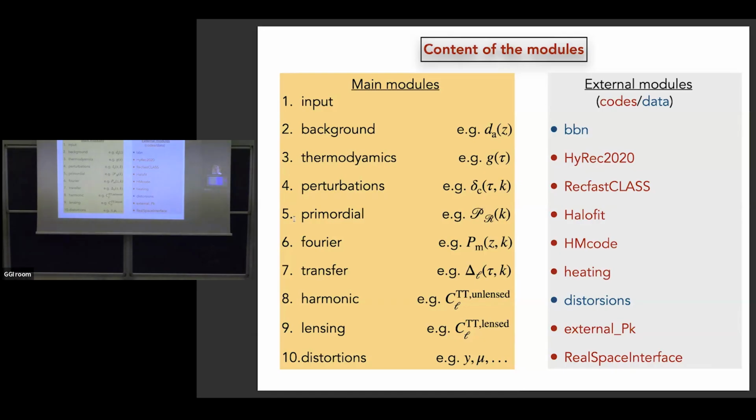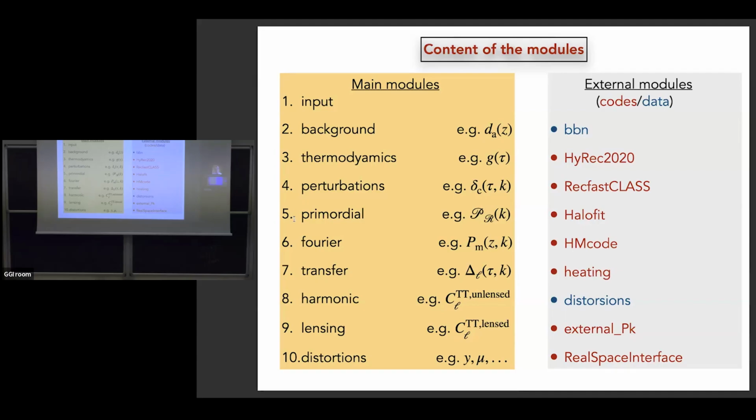Heating is a module which allows you to have some non-trivial mechanisms of energy injection accounted for by the code. Things related to dark matter annihilation, to primordial black hole evaporation, to black hole accretion, with energy transfer producing various effects.